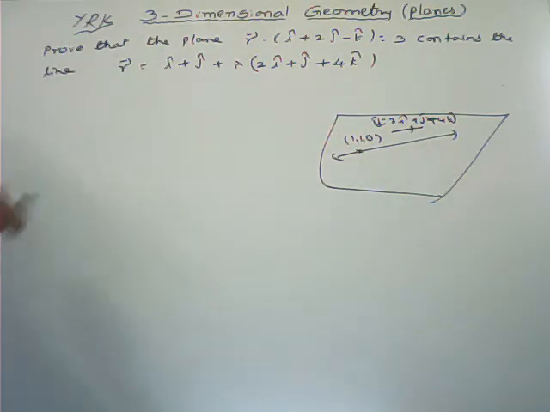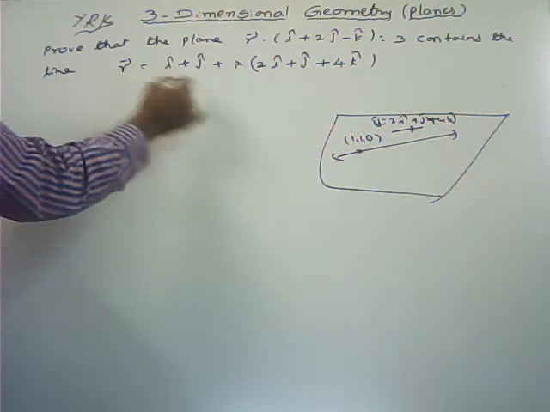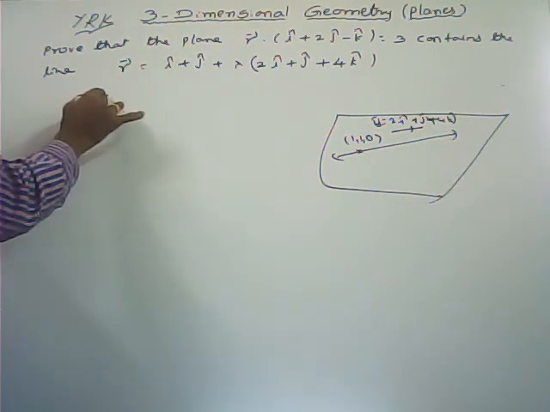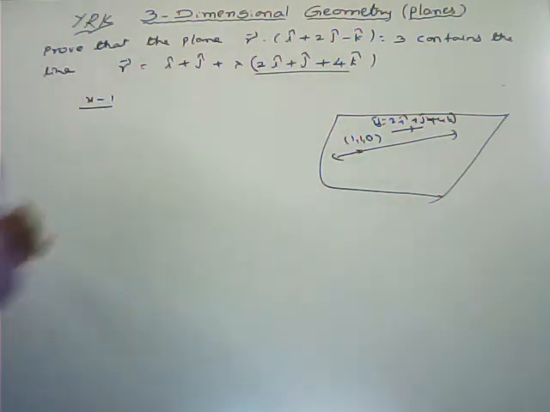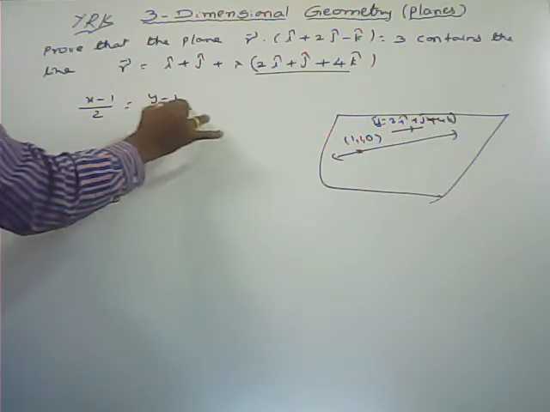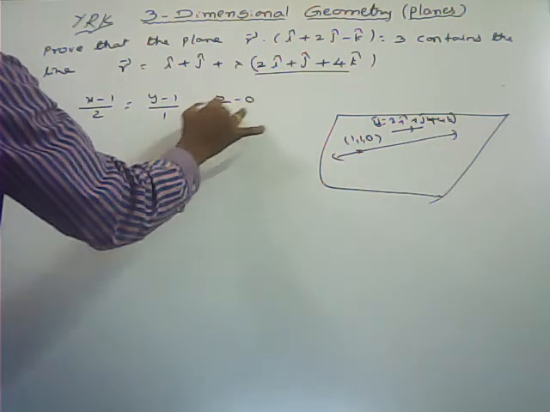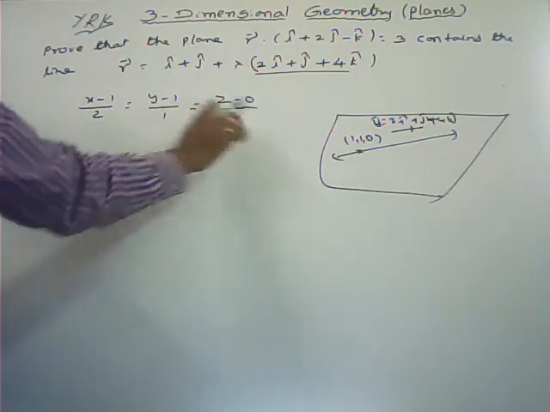If I write it in Cartesian form, the line passes through the point 1, 1, 0, and the direction ratios of the line are 2, 1, 4.